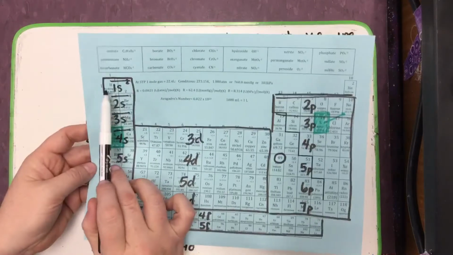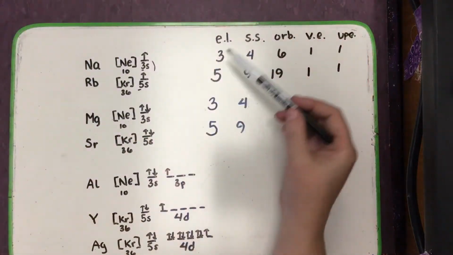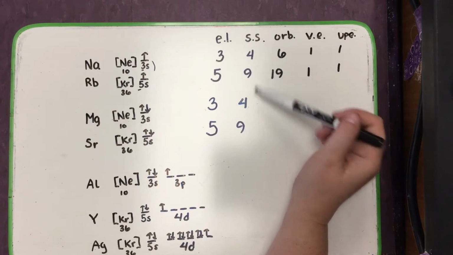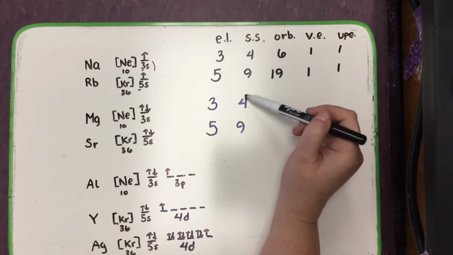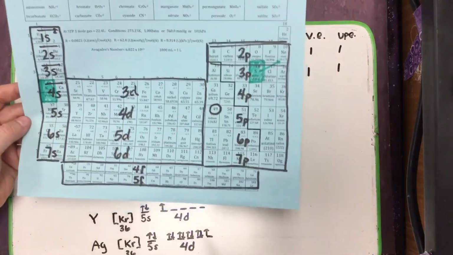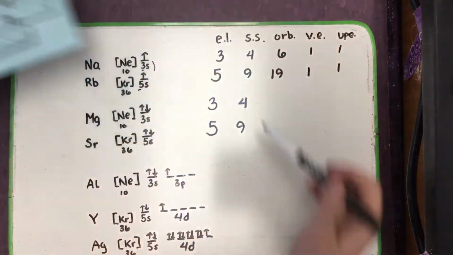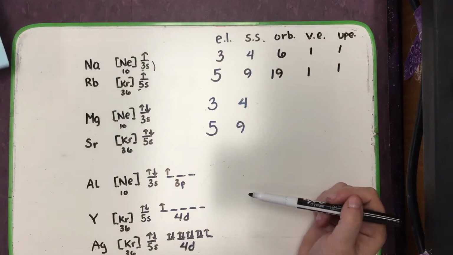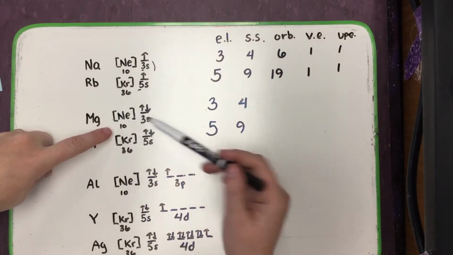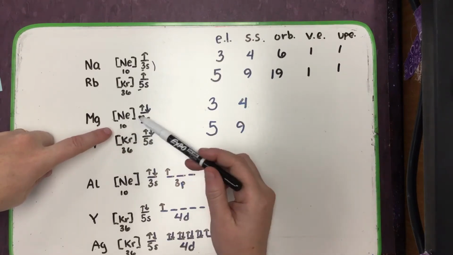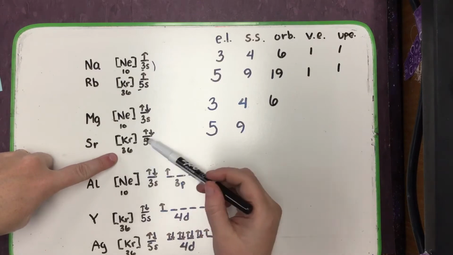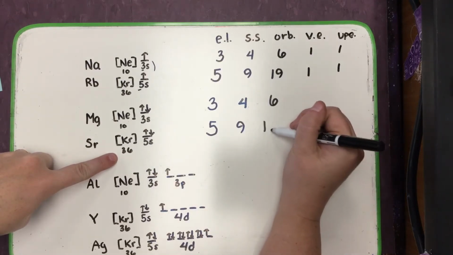If they're in the same region on the periodic table, like sodium and magnesium were, or like rubidium and strontium are, they're going to have the same number of subshells because the region or the block of the periodic table is determined by these subshells. For orbitals, again, we're going to take the noble gas divided by 2 plus any lines that have at least 1 arrow, so that's 5, 6, and that's 18, 19.